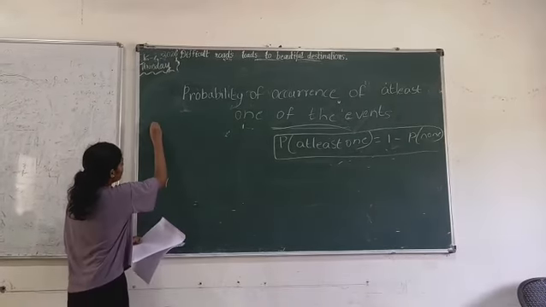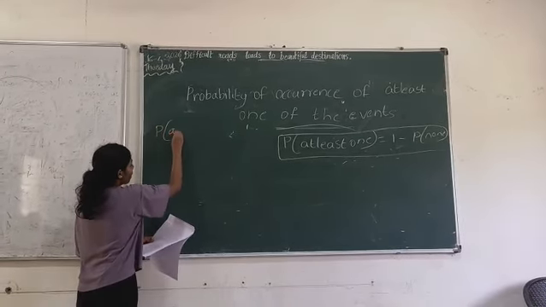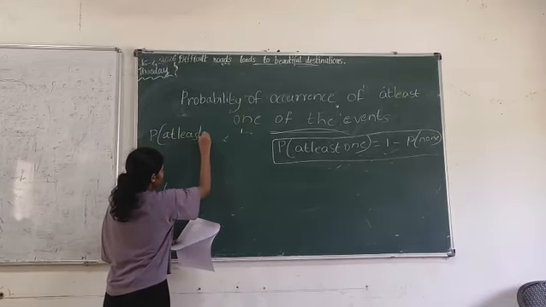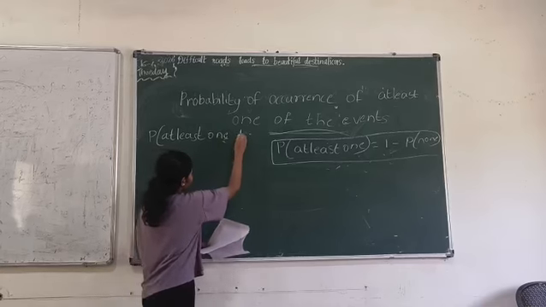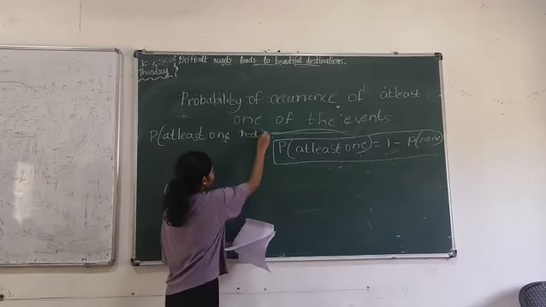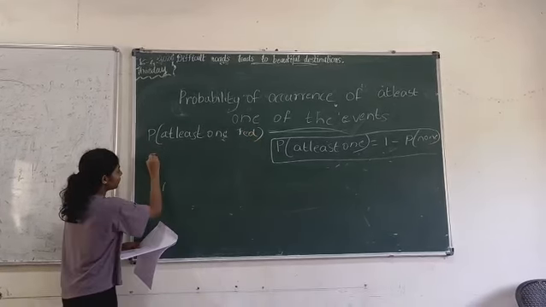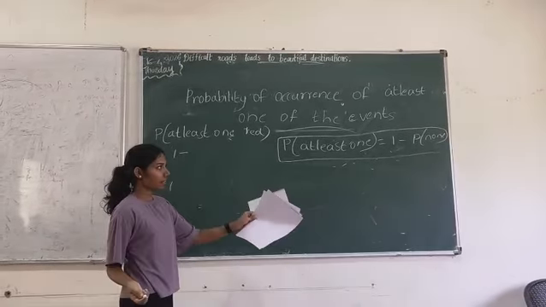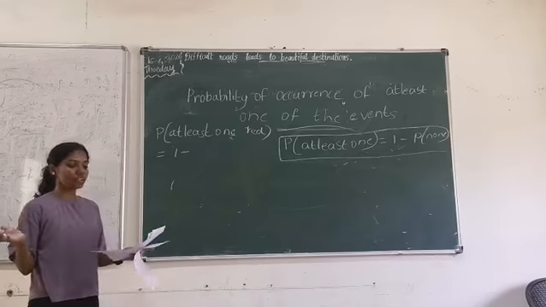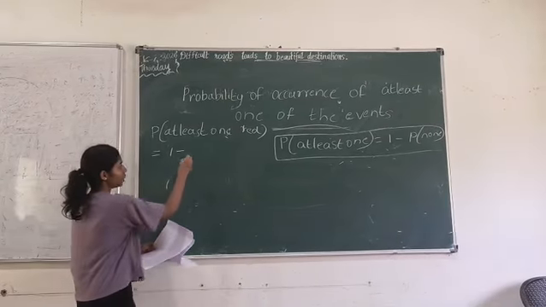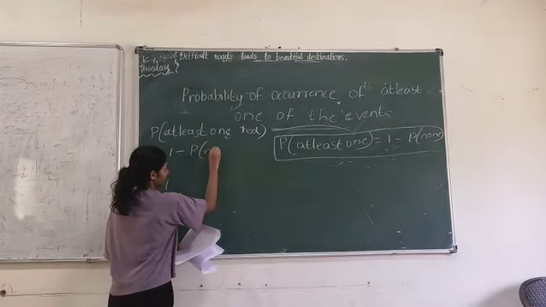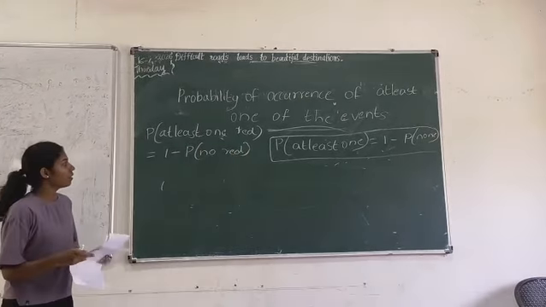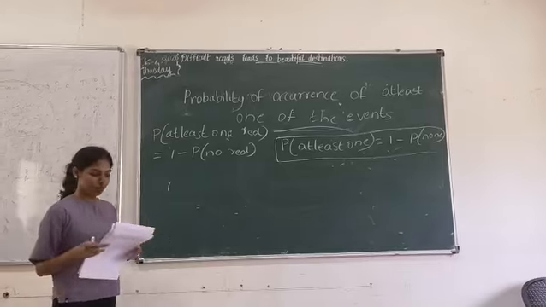We need to find the probability of at least one red, which will be equal to 1 minus probability of none. Here probability of none is equal to probability of no red. That means all drawn balls should be blue.